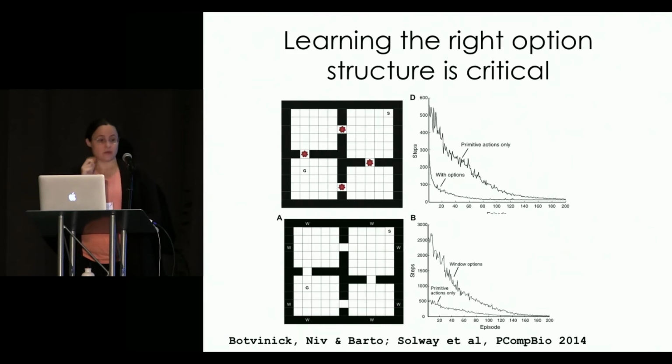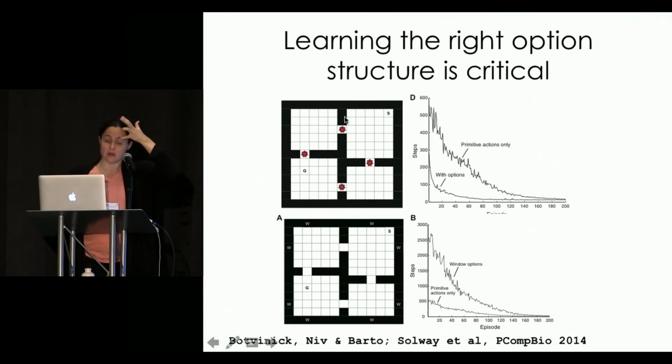Make sense? So the question of structural learning for options in this case, or for actions, for creating a good action space, becomes, well, how do I figure out what the good, useful options are? And in particular, how do I figure out what useful sub-goals might be?